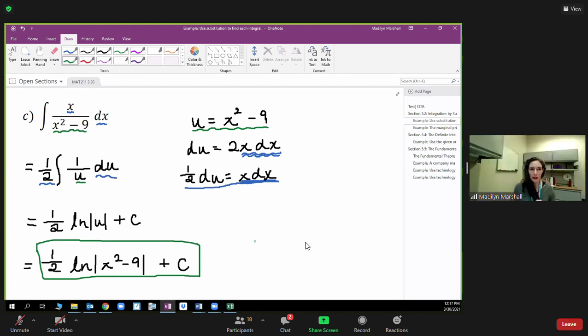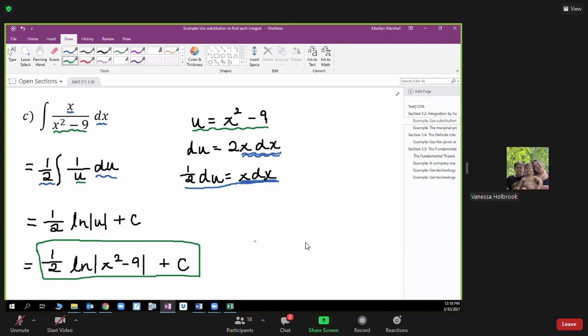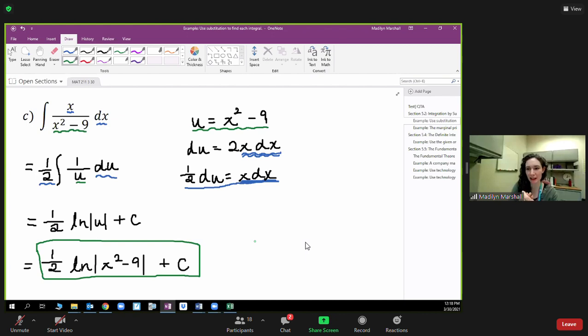So the goal with substitution is always to simplify our integral so that it follows one of those 3 rules. Our reverse power rule, our e to the u rule, and our natural log rule.